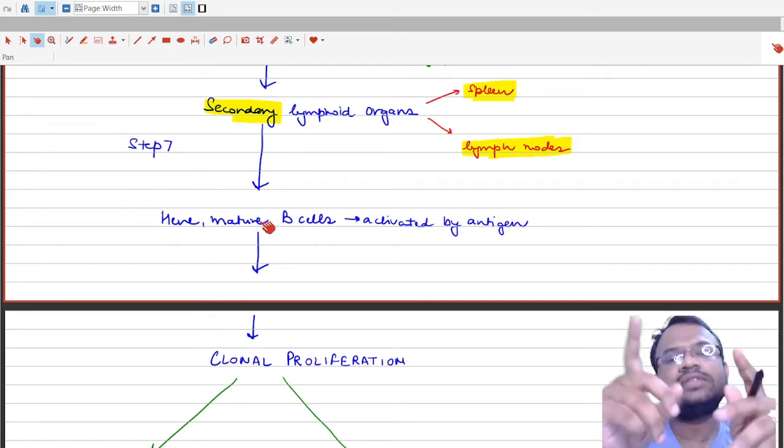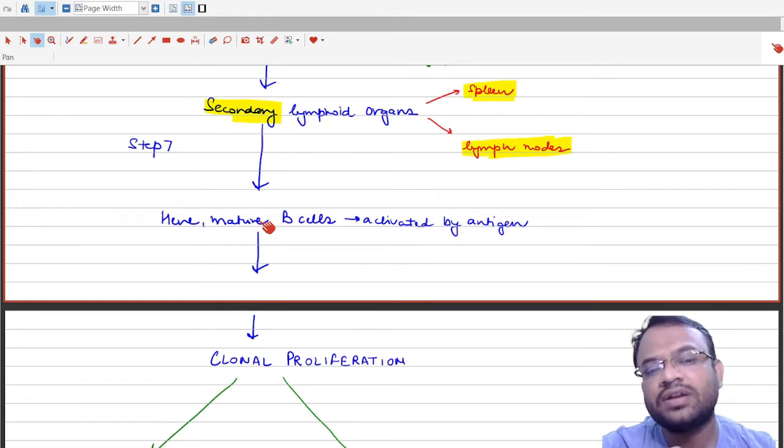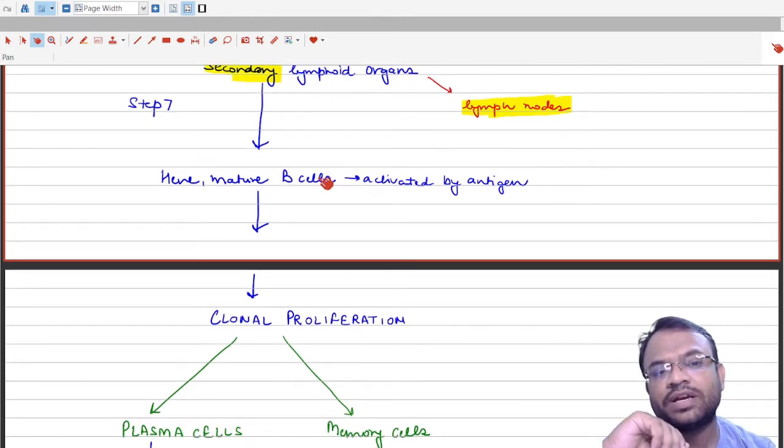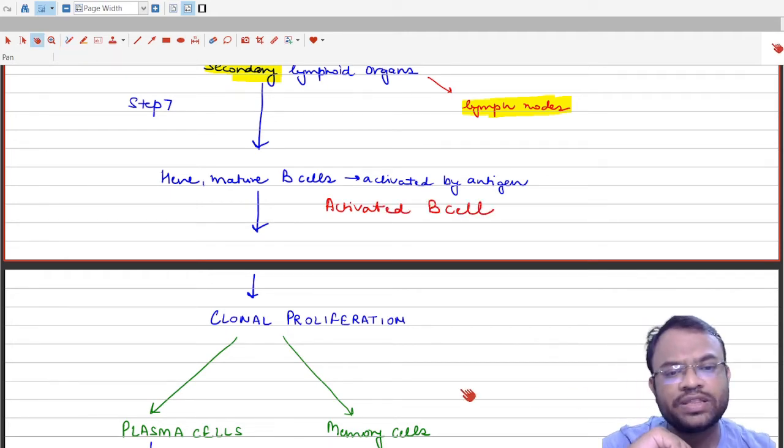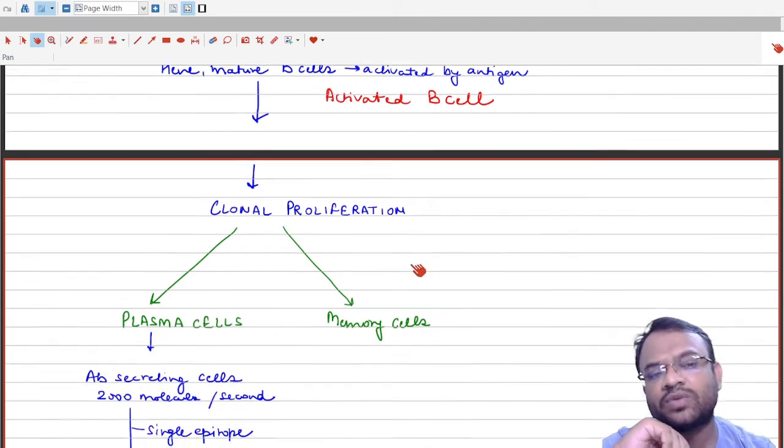Once they interact, the B cell will become activated. Now when the B cell becomes activated, what will happen?